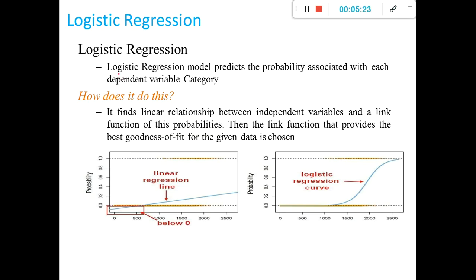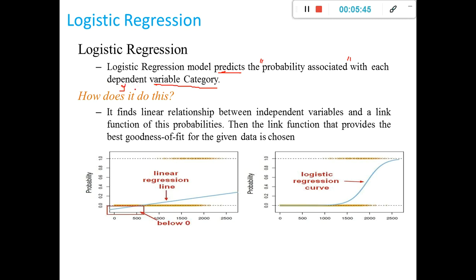How does logistic regression work? The model of logistic regression predicts and gives me the probability. This is a very important word: the probability associated with each dependent variable category. Dependent means the y variable, right?